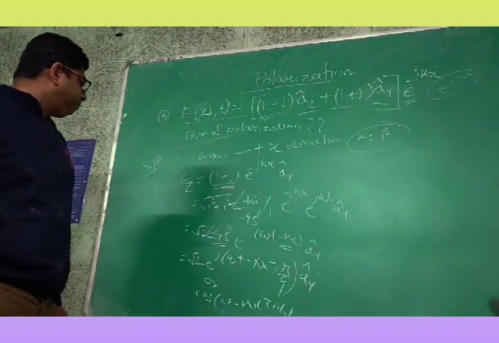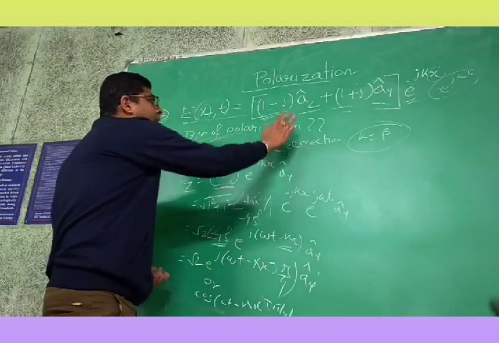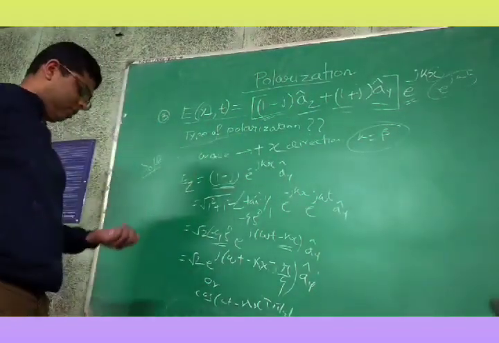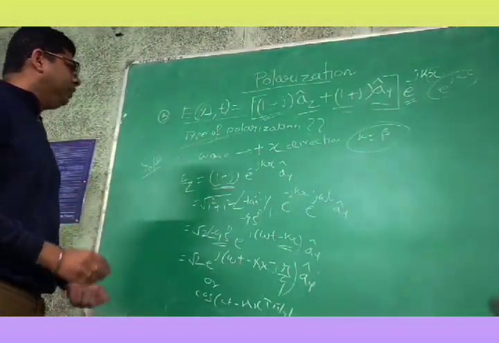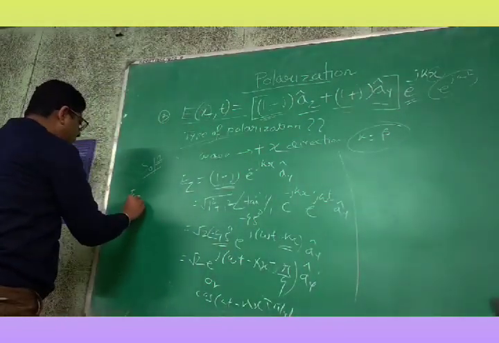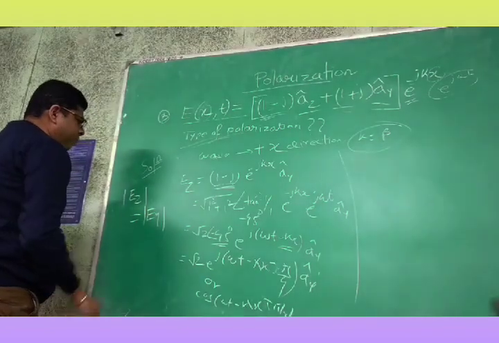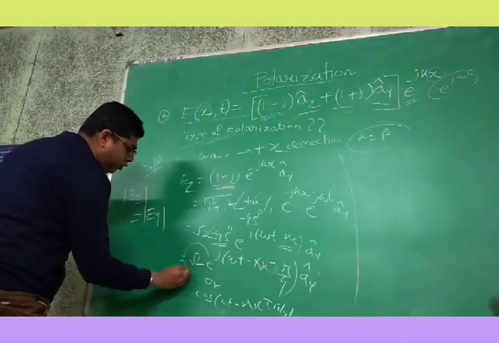Now you need to see whether the magnitudes of the z component and the y component for this problem are the same or not. Just check whether the magnitude of Ez is equal to Ey. What is the magnitude? Root 2.